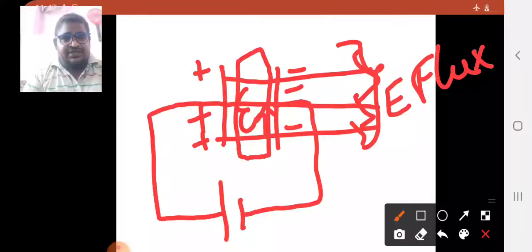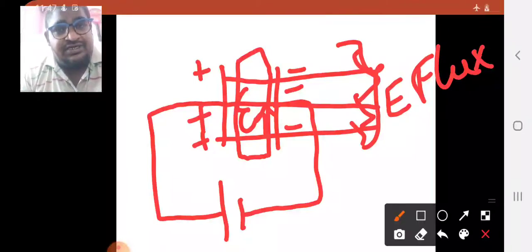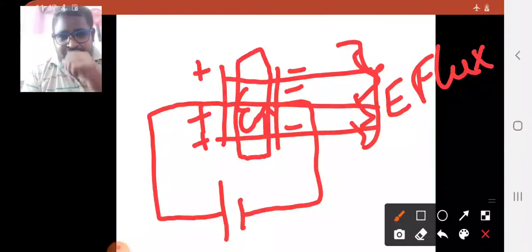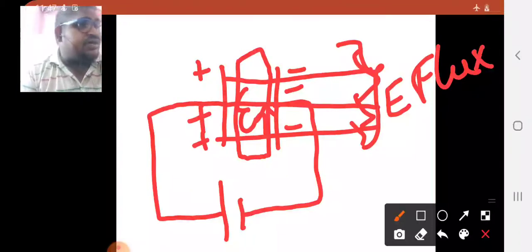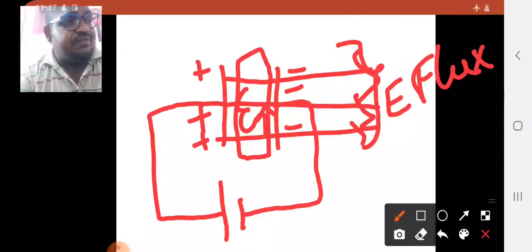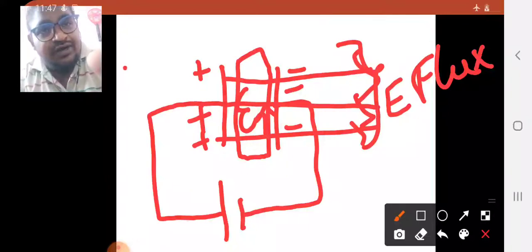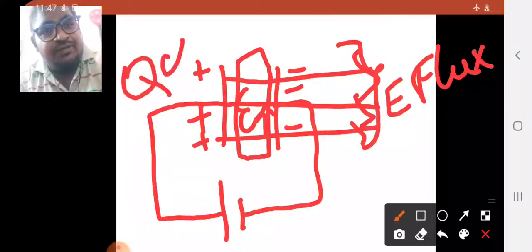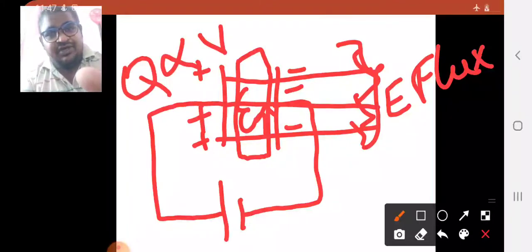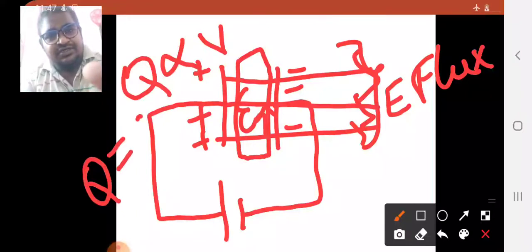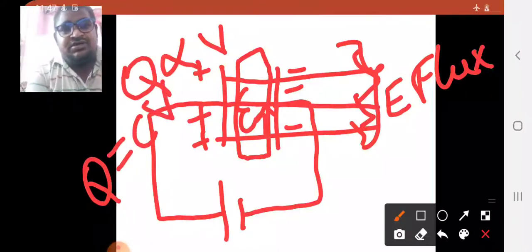So we can write Q is proportional to V, where Q is equal to CV.